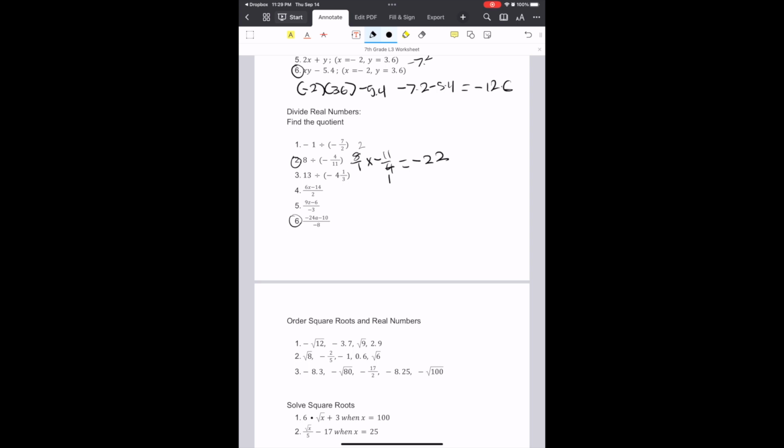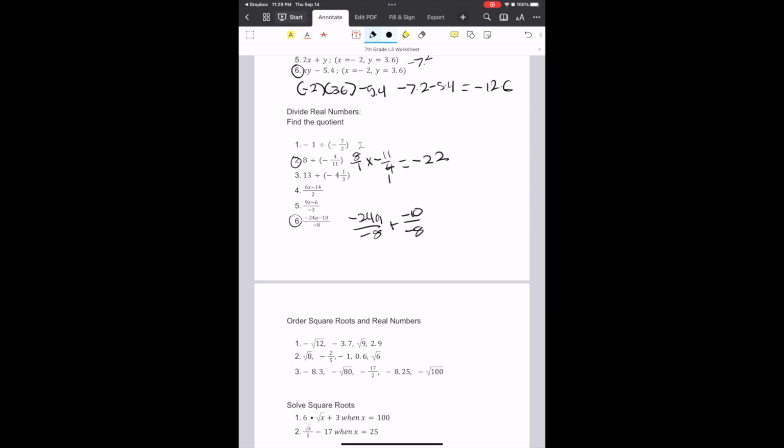Negative 24a minus 10 divided by 8. Now don't let these variables fool you or scare you, because they're just variables. They're not too bad. So you could rewrite this as negative 24a divided by negative 8, and then plus negative 10 over negative 8, because we're just splitting up the fraction. Well, what's 24 divided by 8?